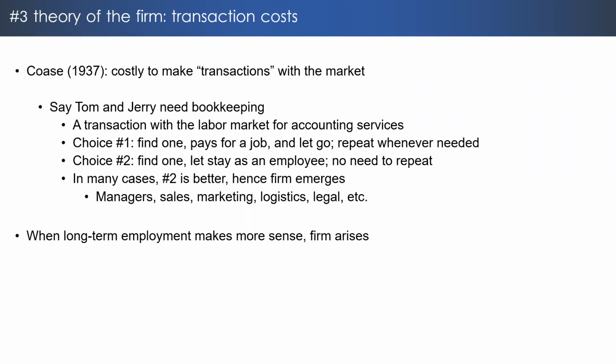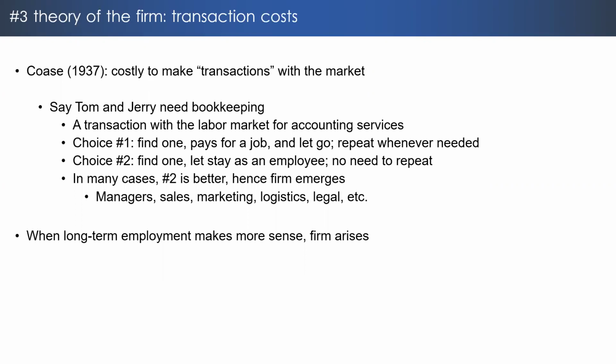Okay, so this is one reason that Coase in 1937, in his very famous paper, the theory of the firm, proposes. So what Coase says is that it is likely that the firm, or the structure of the firm, arises. Or another way to put it is, the number of employees of a firm arises. A firm with one single person is just one guy, but a firm with 10 people is more similar to our impression of a firm.